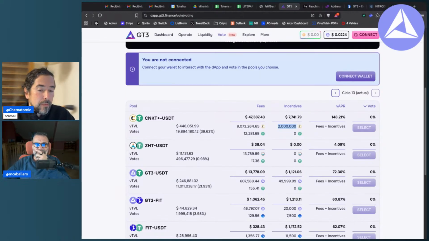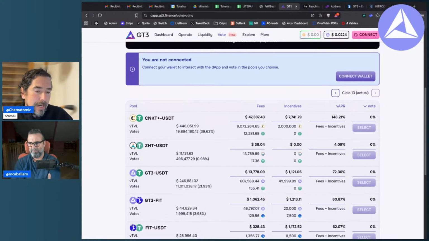One part is coming from the fees. That means that every transaction that is done in the DEX generates fees that are split with the community, right? So the column of fees will be one revenue that will be shared. And the other element is the incentives.